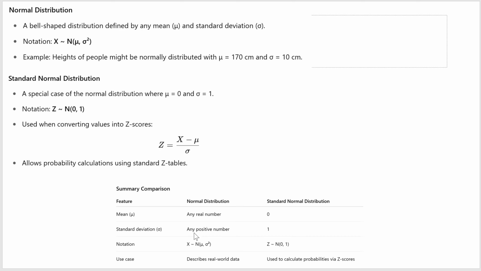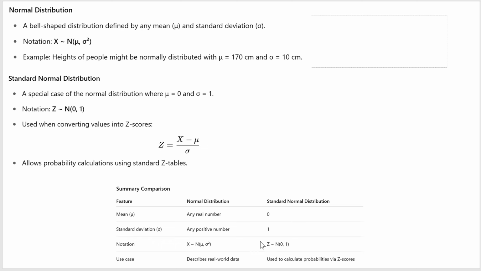Where are they used? Normal distribution describes real world data. So the average weight of males between 40 and 45, the average sugar intake of a child between 5 and 6 years old, right? That is normal distribution.